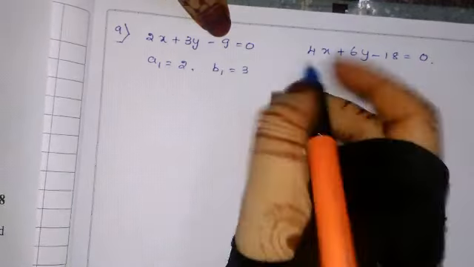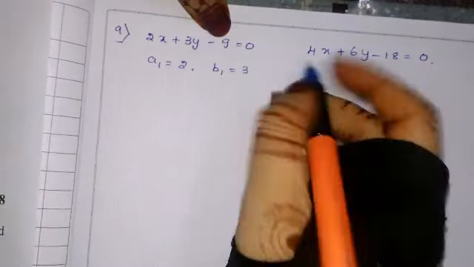Here we can see A1 upon A2 also we got half, B1 upon B2 also 1 by 2, C1 upon C2 also 1 by 2. Therefore, which condition is satisfied? A1 upon A2 is equal to B1 upon B2 is equal to C1 upon C2. This condition is for how many solutions? The given equation has infinitely many solutions.